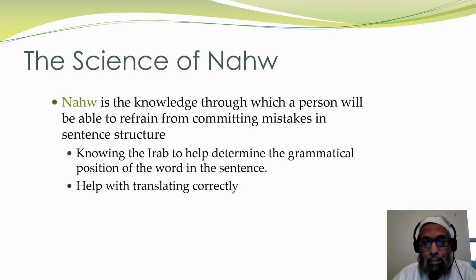Now, grammatically, it should be Anna Allah wa rasulahu bari'ani min al-mushrikeen. Right? That Allah and His Messenger, both of them, are free, or they don't have anything to do with the polytheists. However, Rasul, which of course refers to the Prophet ﷺ, has been brought at the end of the sentence.